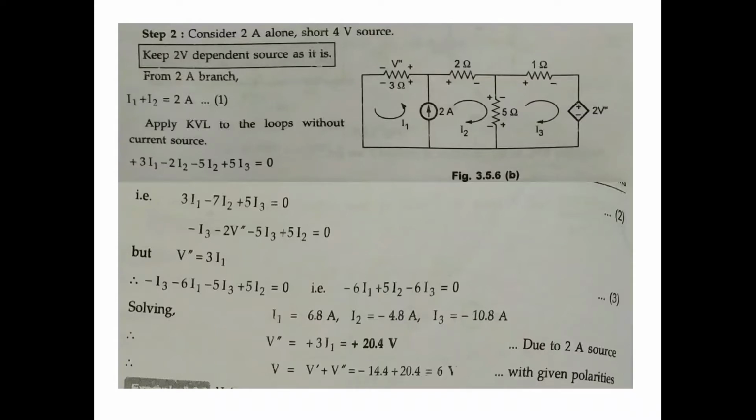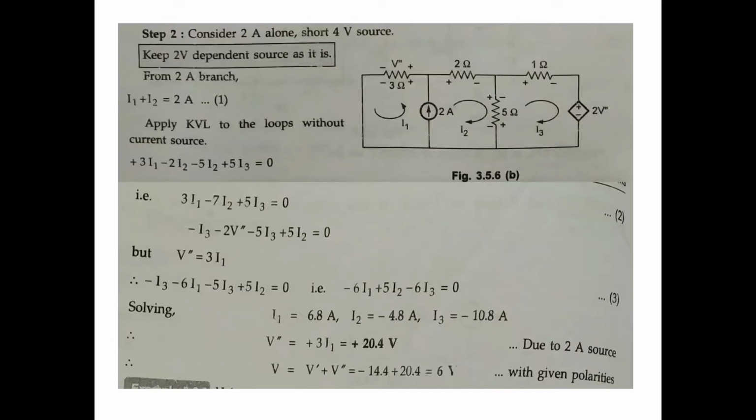Here minus 2 plus 3i1, plus 2 minus 2i2, minus 5i2 plus 5i3, because minus 5 times i2 minus i3. Here 3i1 as it is, 2 and 5, 7i2, 5i3 equal to 0. Next loop: minus i3, minus 2 plus 2 minus 2 v dash, 5i3 plus 5i2 equal to 0.